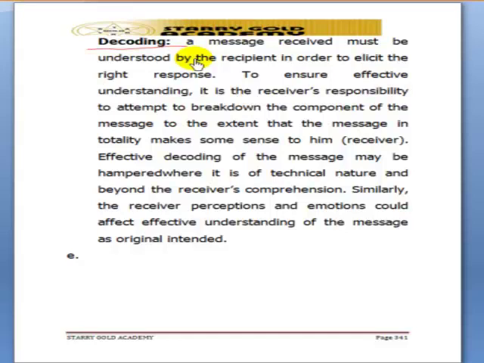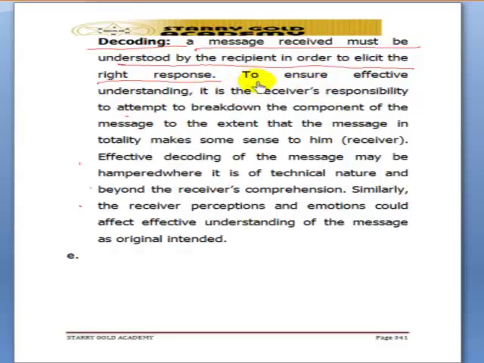A message received must be understood by the recipient in order to elicit the right response.